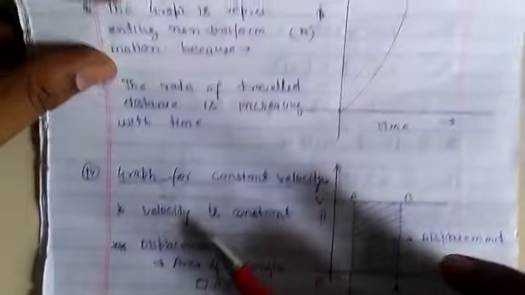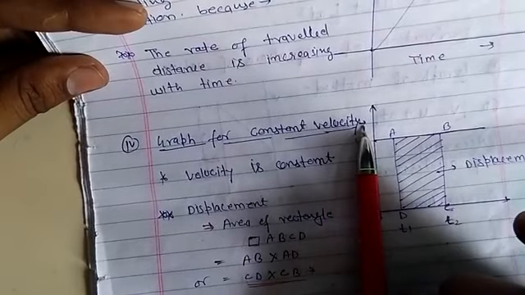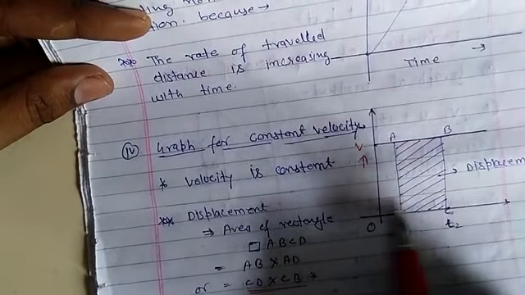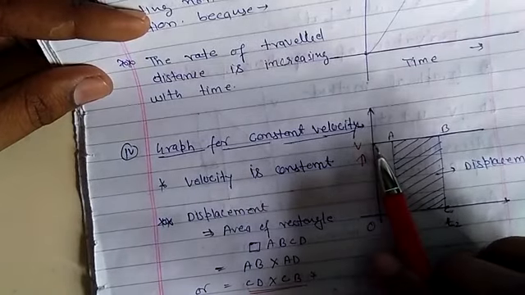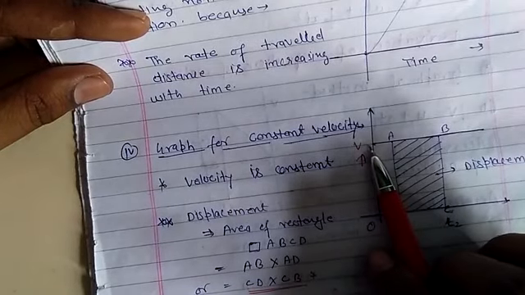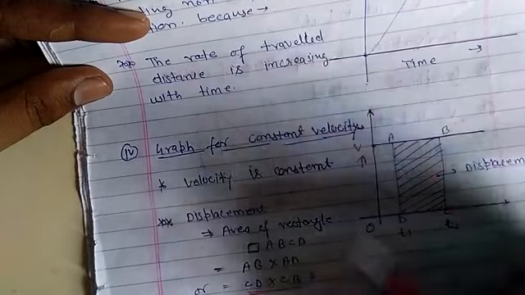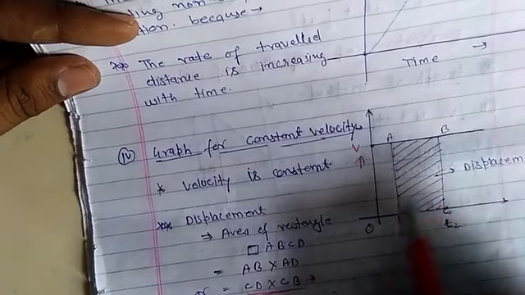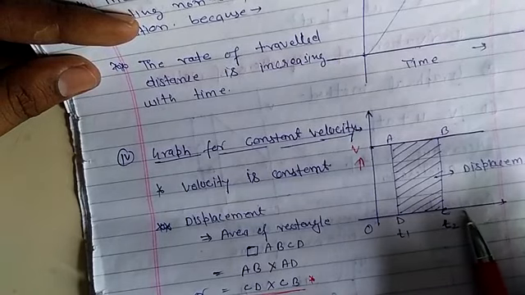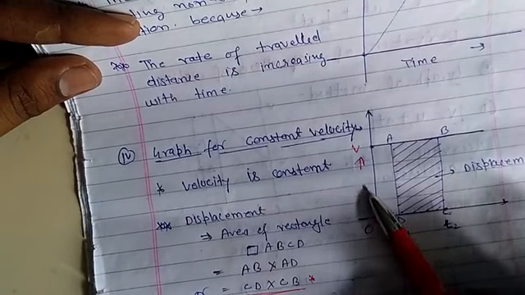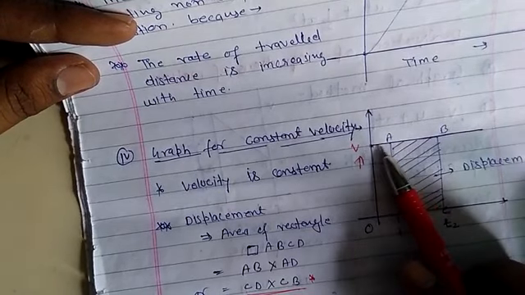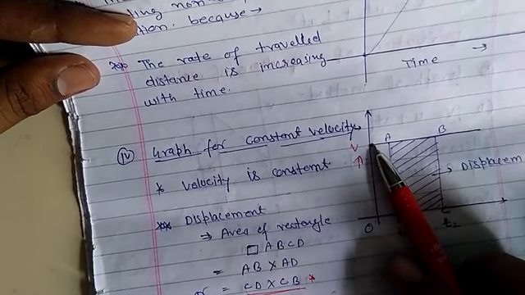And the next term is the graph for constant velocity. It means we plot a graph of time versus velocity, and we take a point on the y-axis. This is the velocity of the moving object, and if that object is moving with a constant velocity, and with time we observe the velocity at different times, we will get the same magnitude of the velocity.